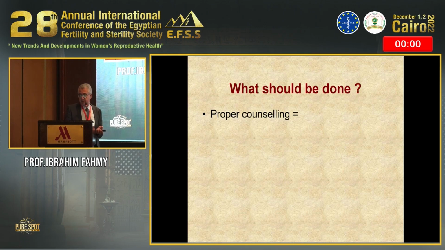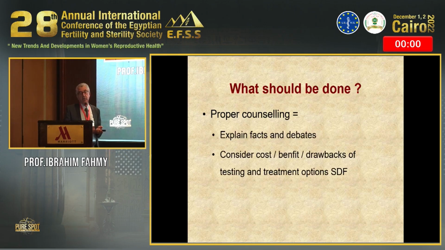We should explain these facts and debates, and we should consider the cost, because the majority of our patients are poor, and the ICSI procedure is not supported by insurance or by the government; they pay from their own pockets. If we significantly increase the costs for these poor patients, it's not ethical, and we should discuss with them whether they are able to afford an extra cost or not.